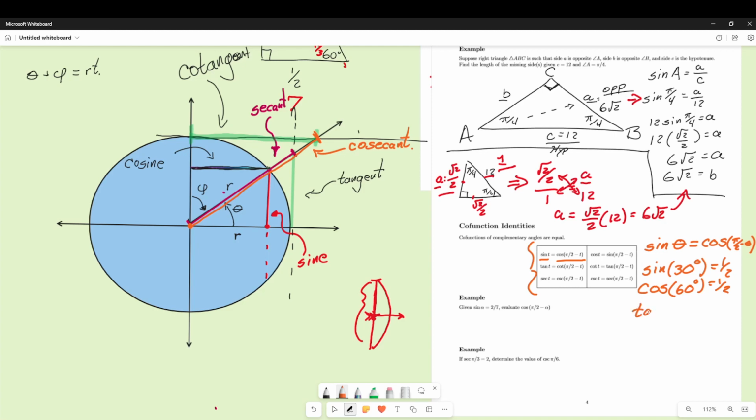If we happen to know the tangent of some angle, I'm just going to say phi is 1.8, then the cotangent of, if we want to work in degrees, 90 degrees minus phi, whatever that value happens to be, is 1.8.